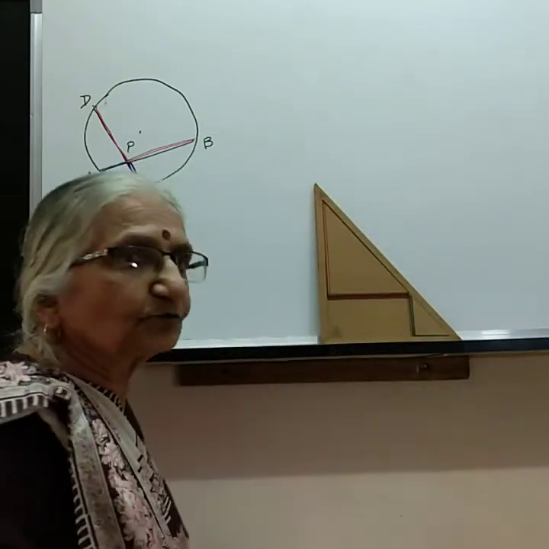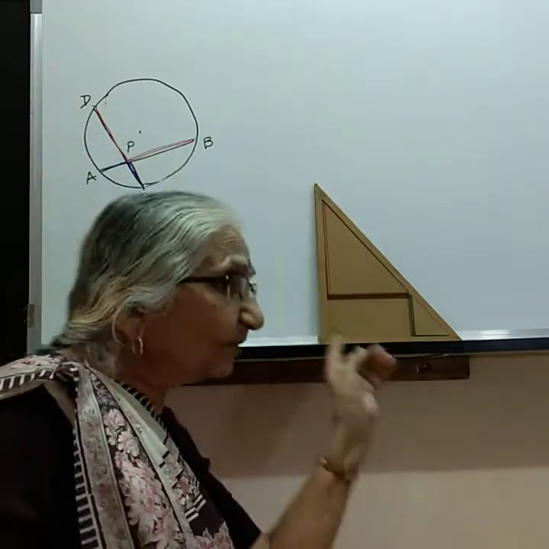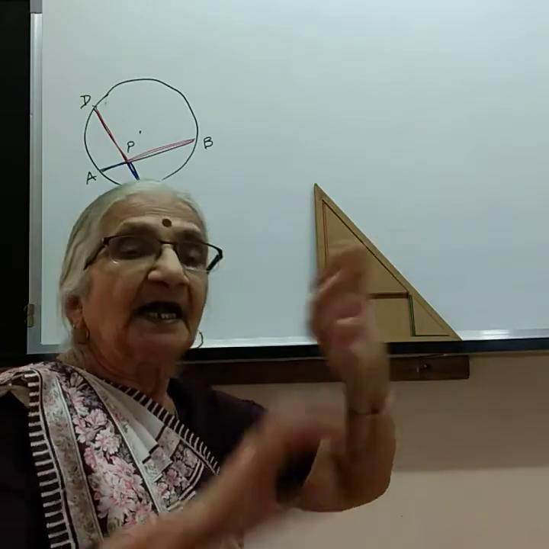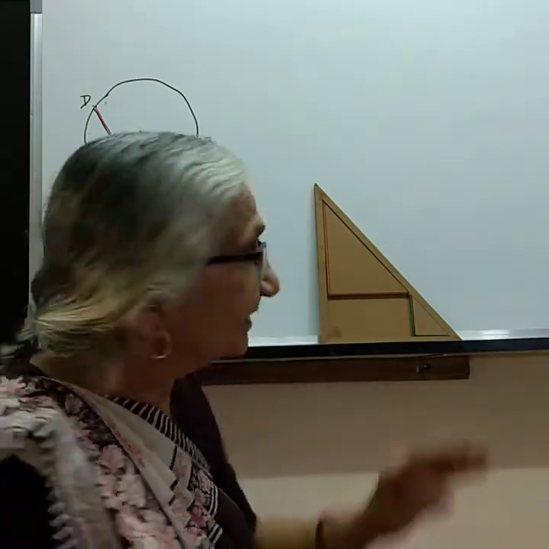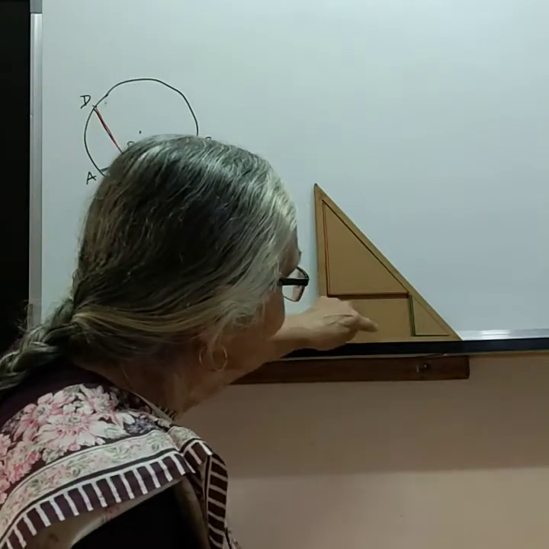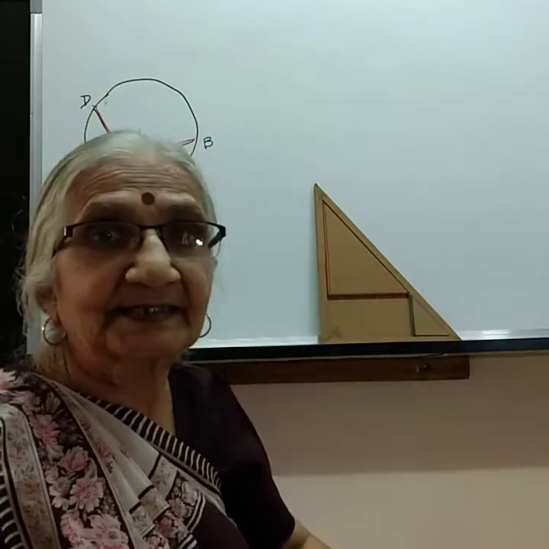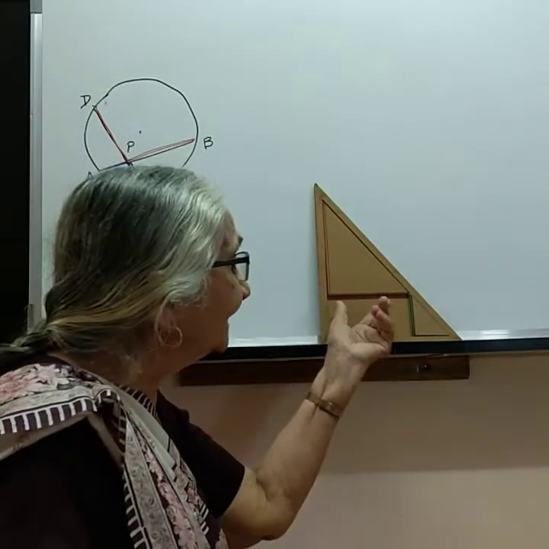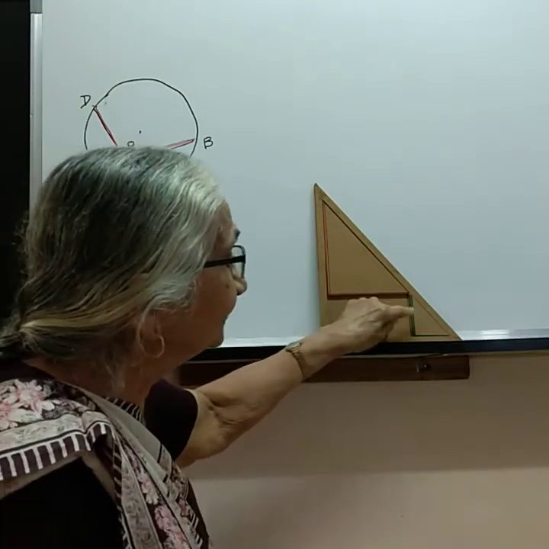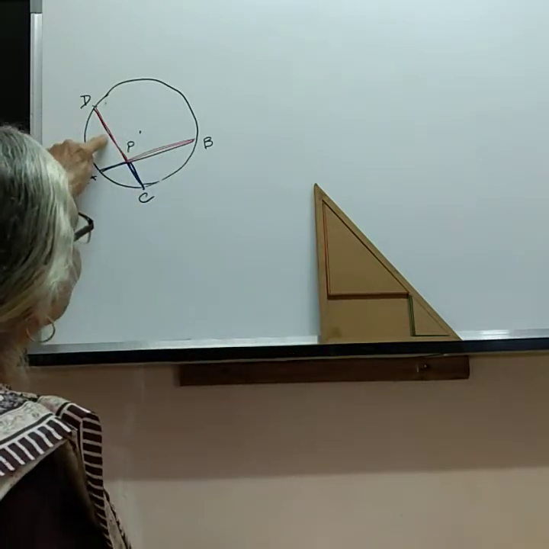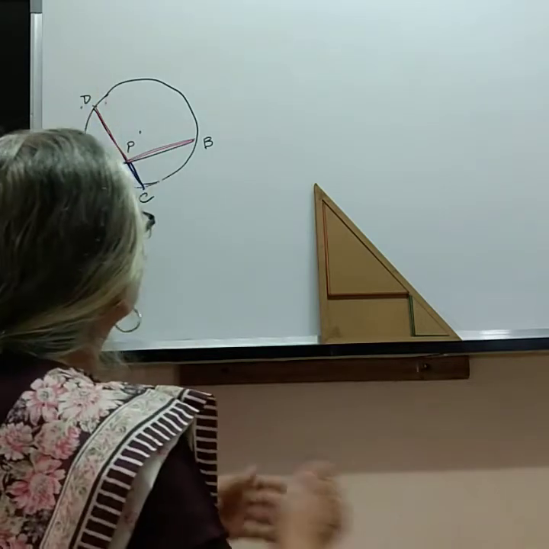What we are going to do now is take the whole big triangle and remove the two small triangles and see what is left. What is left here is a rectangle. One side is single red, one side is double green. So it's a rectangle whose area is single red into double green, that is CP into PD. So that's what we have here.